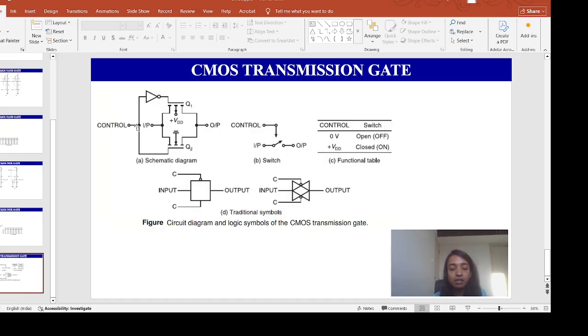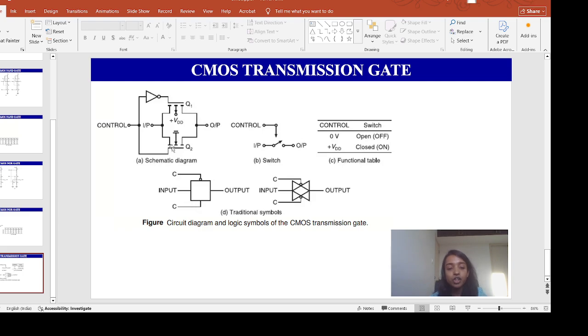When the control signal is high, the gate of the P MOSFET Q1 will be low, right? And the gate of the N MOSFET Q2 will be high, right? So if the input is low, what will happen? VGS1 will be 0 volt and VGS2 will be positive.